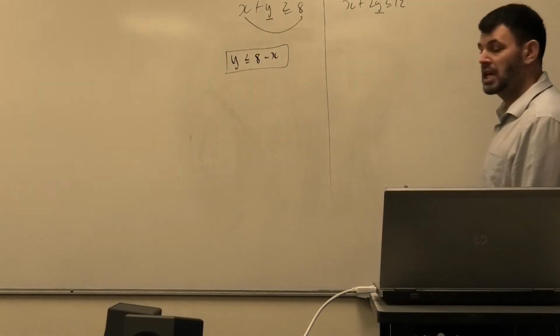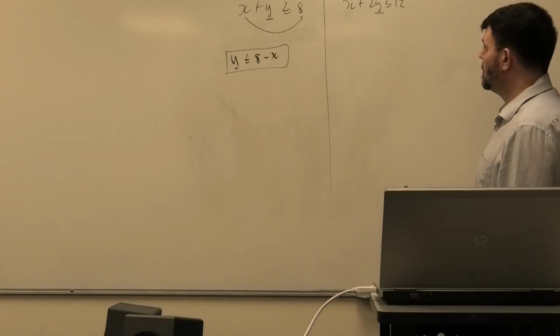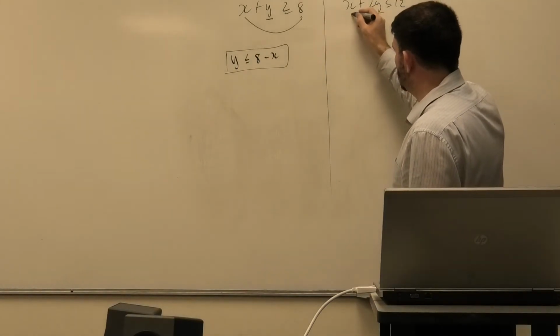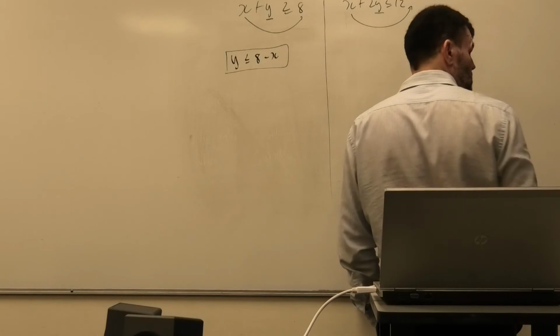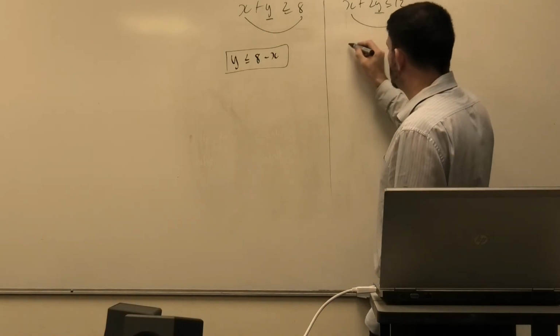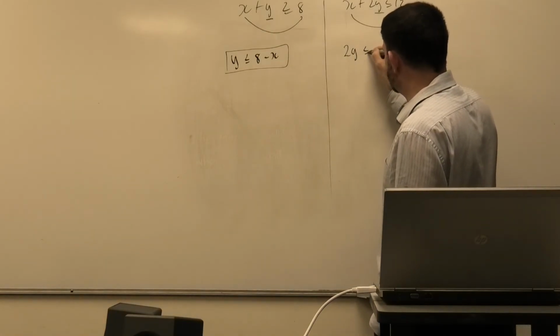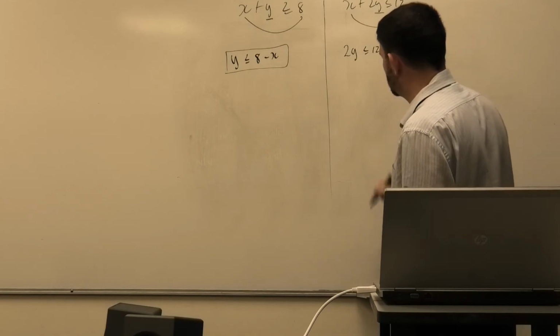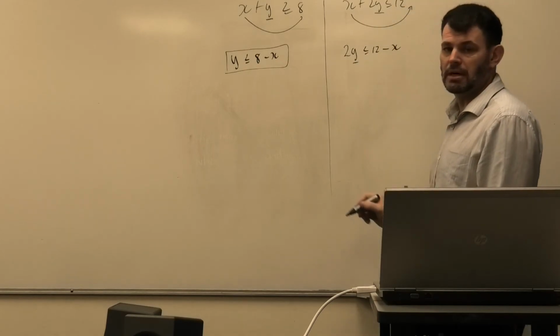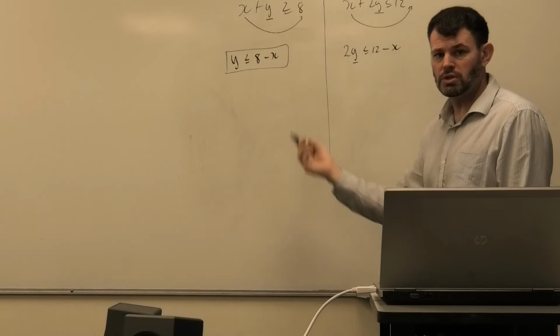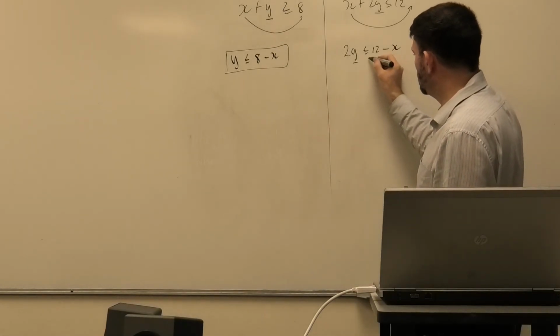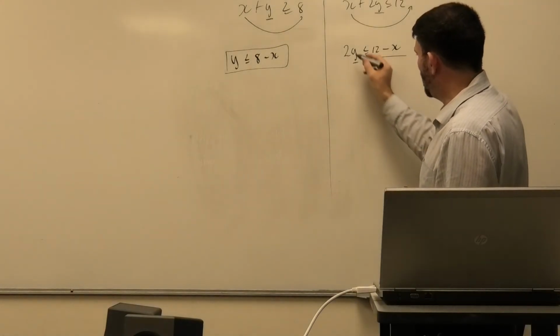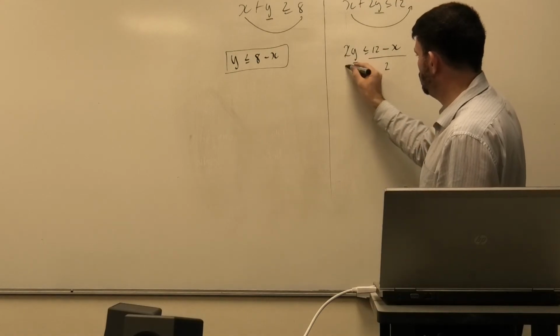With this one here, we've got a couple of steps we need to do. Obviously, we bring the x across again first. Okay, so change the side, change the sign. So now we get 2y is less than or equal to 12 minus x. But I still want y by itself. So what I'm going to do is I'm going to divide everything by 2. So I divide all this here by 2. I cross that out because that's going to be divided by 2.